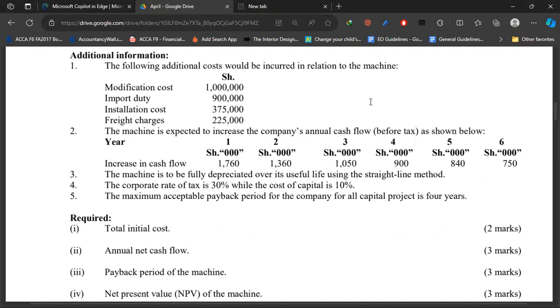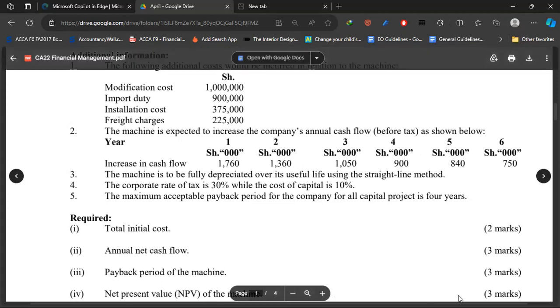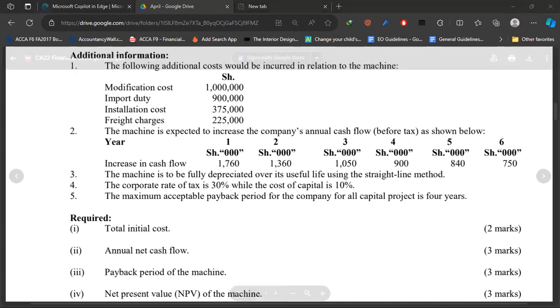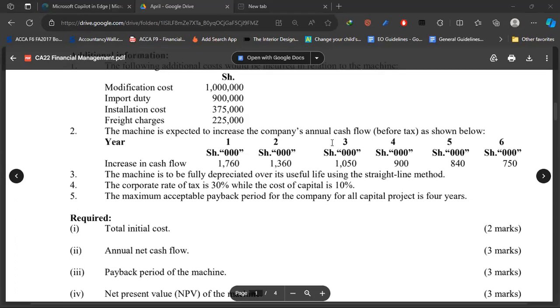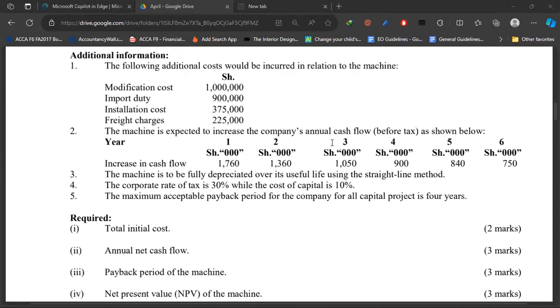The corporate tax rate is 30%, while the cost of capital is 10%. The maximum accepted payback period for the company for all capital projects is 4 years. Required: 1, the total initial cost, 2, the annual net cash flow, 3, payback period of the machine, 4, net present value of the machine.